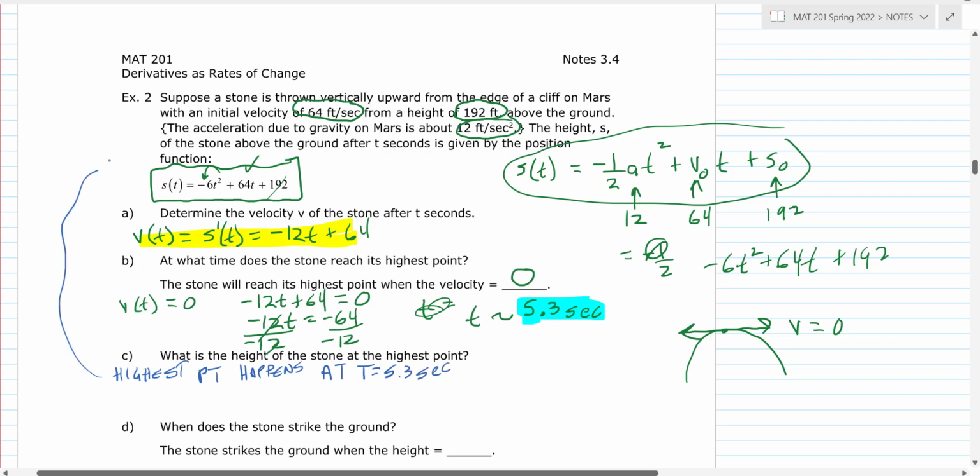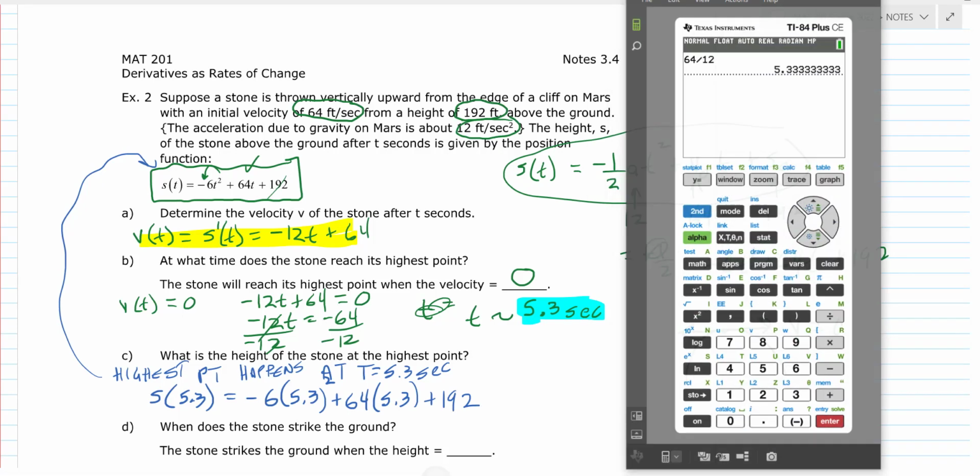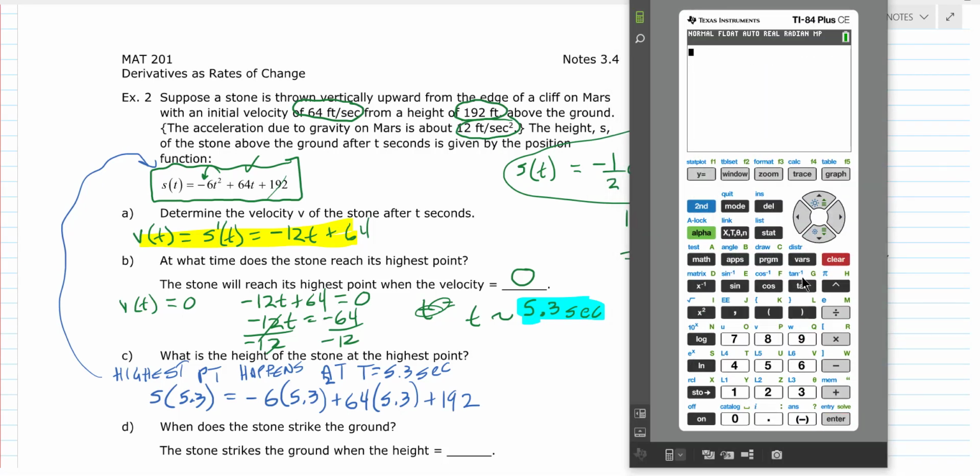So what we do is we plug into the position function, which gives you the height. So we have to do s of 5.3. We're going to do negative 6 times 5.3 to the second plus 64 times 5.3 plus 192. And I need to just put that in a calculator here.